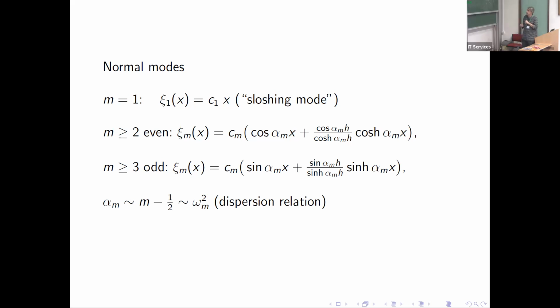Then you get to the higher modes that have a trigonometric, oscillatory part, and then you have some part that is exponentially small in the interior. It concentrates at the boundary. So these two effects appear in the same mode, and then you have some easy asymptotics for the dispersion relation.